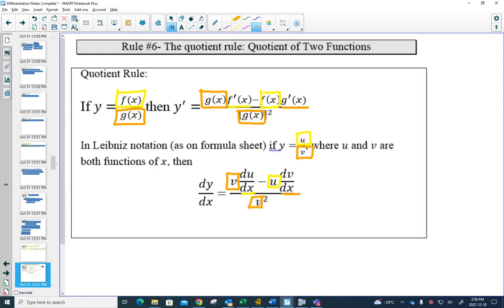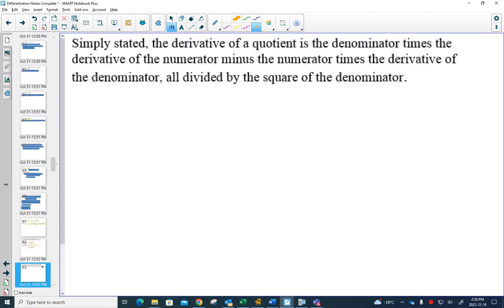That thick, right? Simply stated. I think that's funny. Don't you like it? What was it?